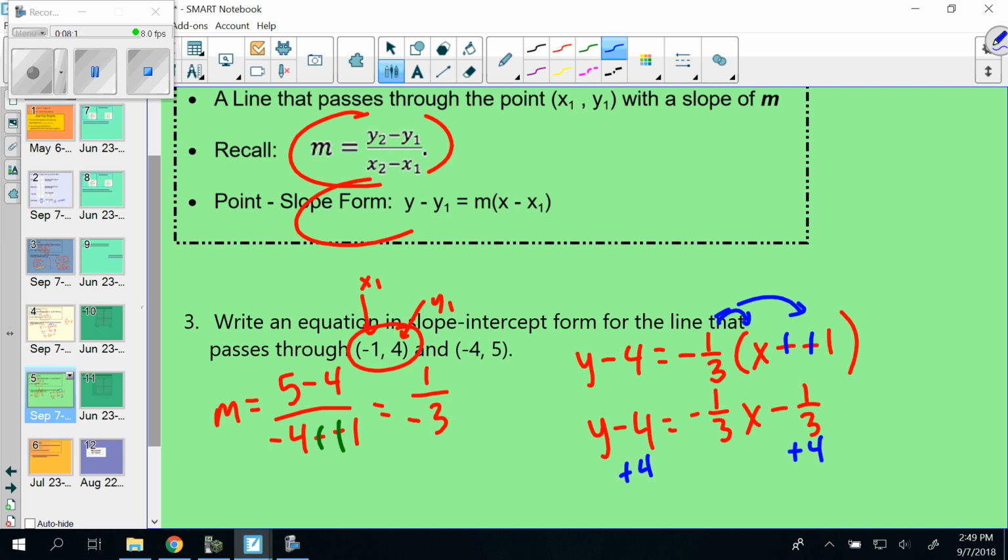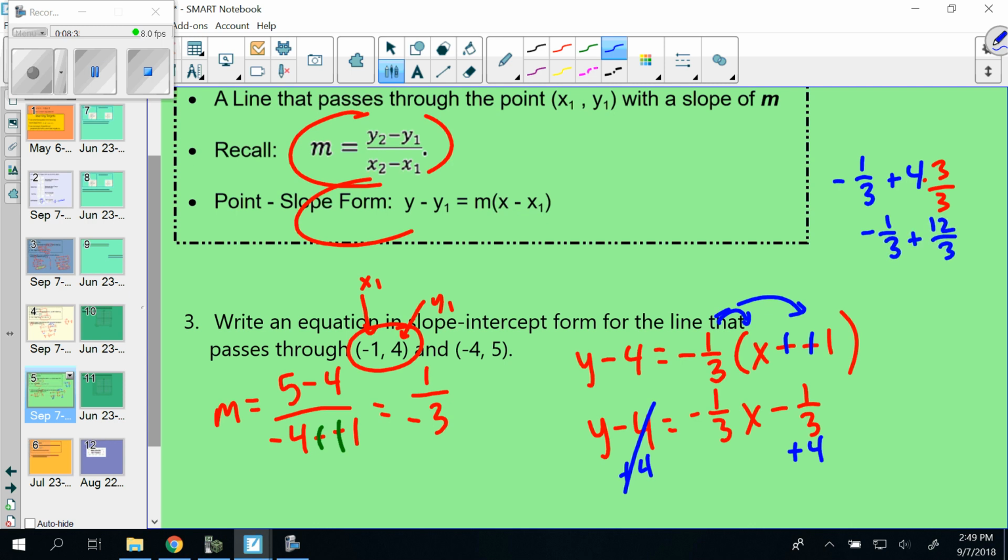Now recall, when you add fractions, we want to take -1/3 plus 4. You need a common denominator in order to do this. To get a common denominator, we want 3 on the bottom, so that means we also have to multiply by 3 on top. So as a fraction, this is going to be -1/3 plus 12/3.